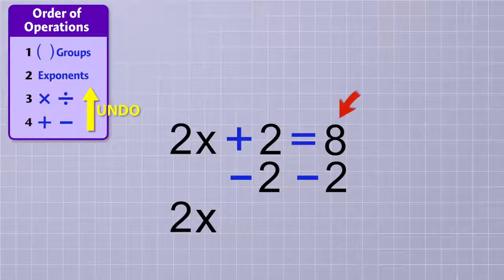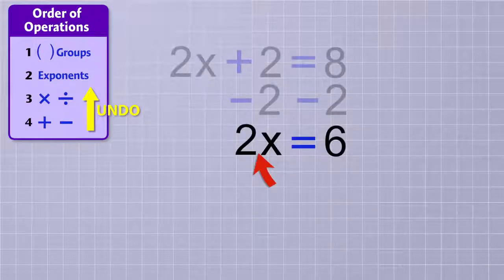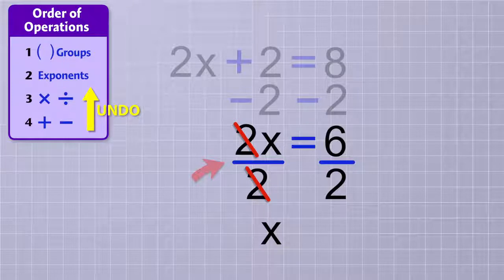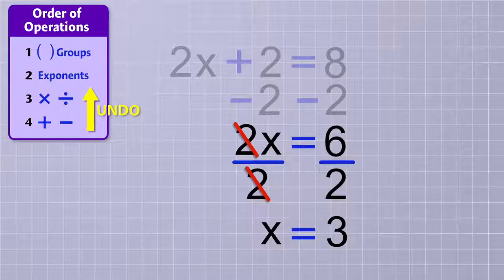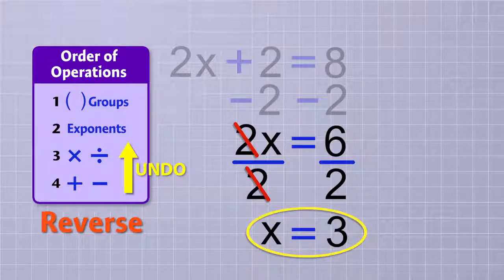And on the other side, we have 8 minus 2, which is 6. Next, we can undo the multiplication by dividing both sides of the equation by 2. On the first side, the 2's cancel, leaving x all by itself. And on the other side, we have 6 divided by 2, which is just 3. There, we've solved the equation using the order of operations rules in reverse. And now we know that x equals 3.